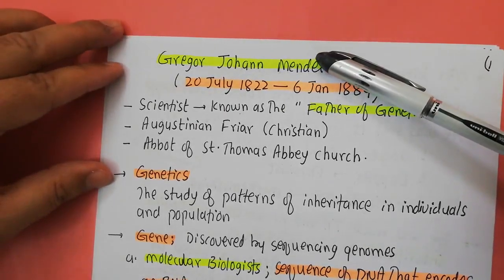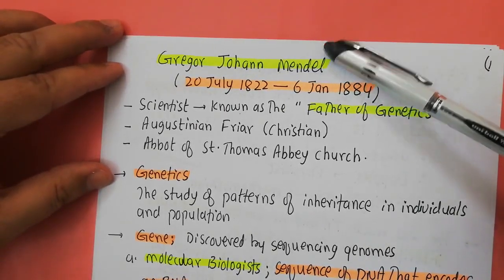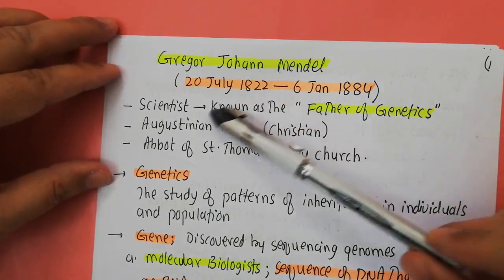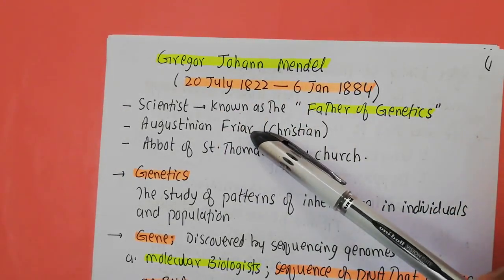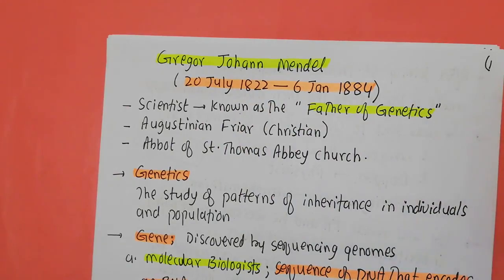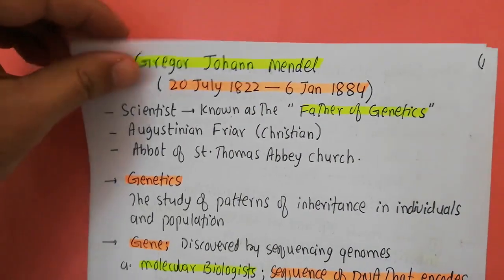In the first part of this video, I told you that Mendel was born in 1822 and was a scientist. He was an Augustinian friar and remained the abbot of St. Thomas.